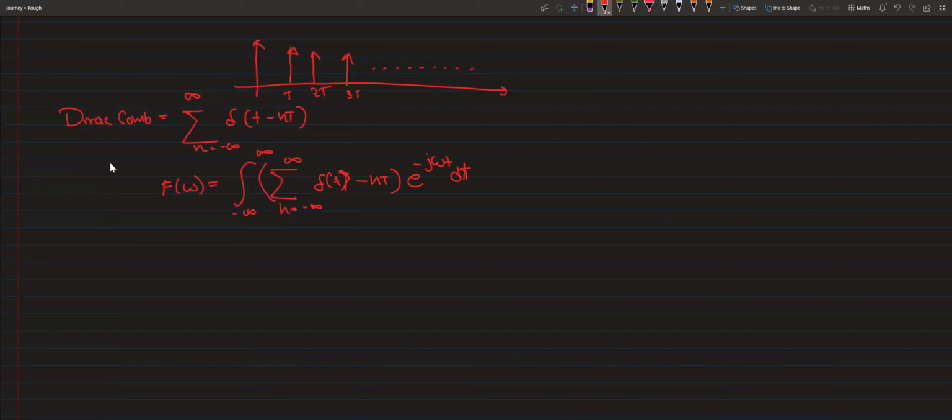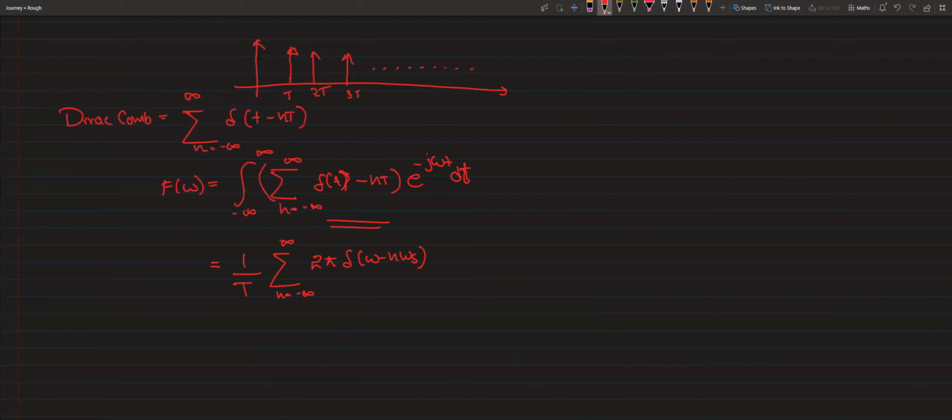This is the formula. If you simplify this, you are going to get F of omega as 1 by T times the sum over n from minus infinity to plus infinity of 2 pi delta of omega minus n omega s.